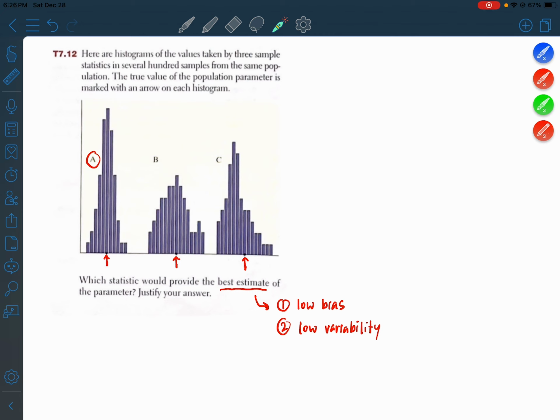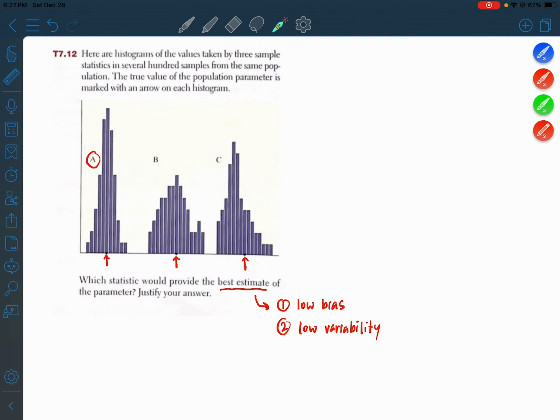And even the lowest estimates and the highest estimates are not that far from the truth. Whereas if you look at B, we could get very far from the truth, and in C, there's estimates that are pretty far from the truth. But A is, even the worst estimates are not as far. Okay. So I would go with A.